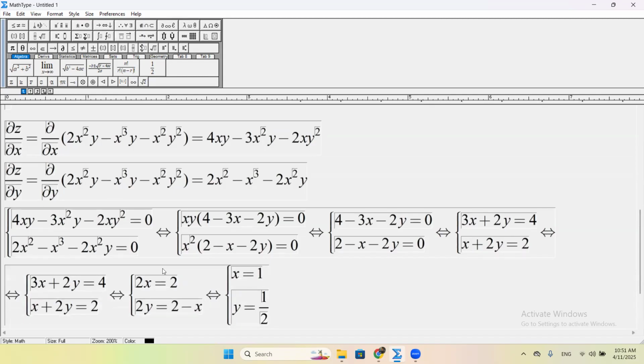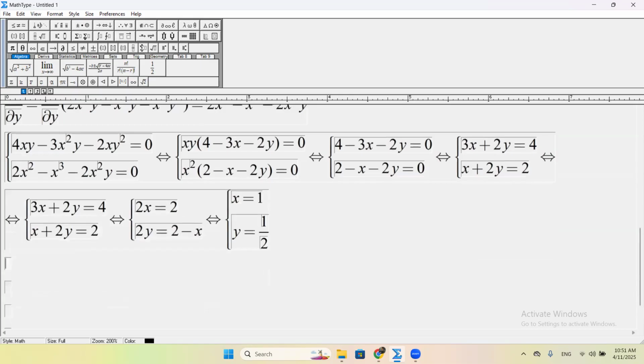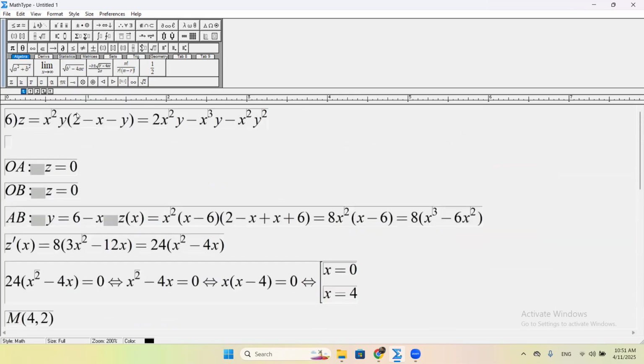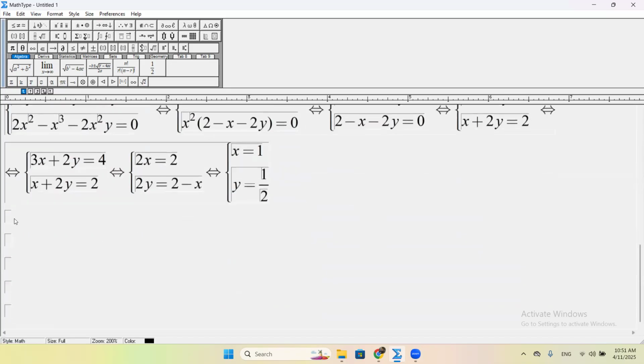So now we have to calculate the value of z at such a point. Okay, we call this point N.